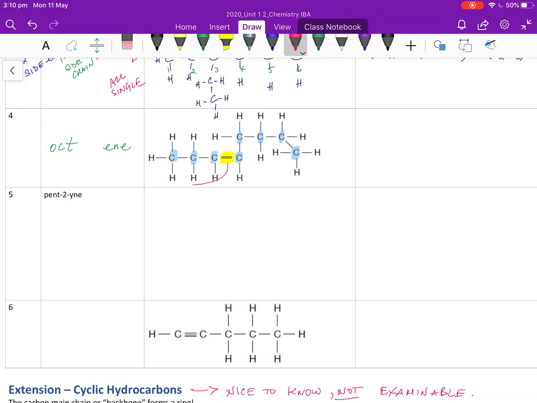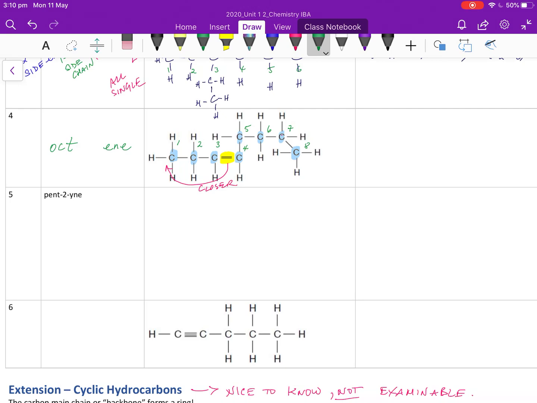So this double bond is closer to this end. As a consequence, I start numbering my carbon chain from the left-hand side, going along the chain until I've reached the end. So I've got 1 starting on the left-hand side, snaking its way around, and ending at 8 on the right-hand side. So my double bond is sitting closer to the left-hand side end.